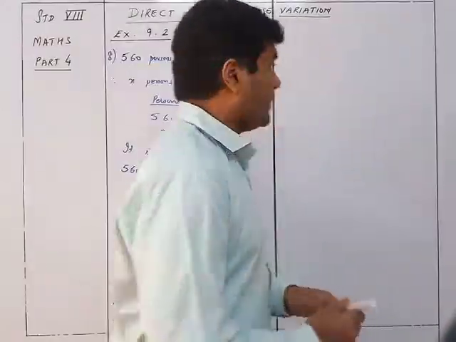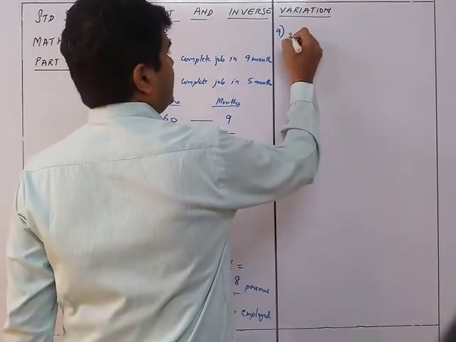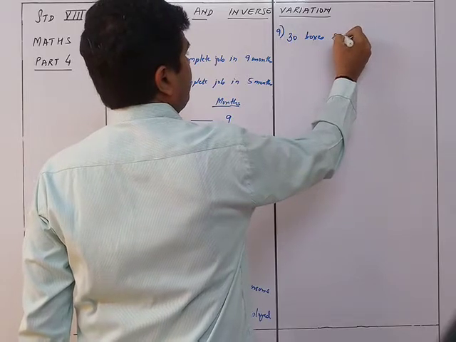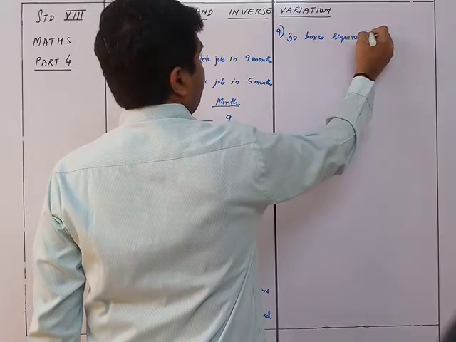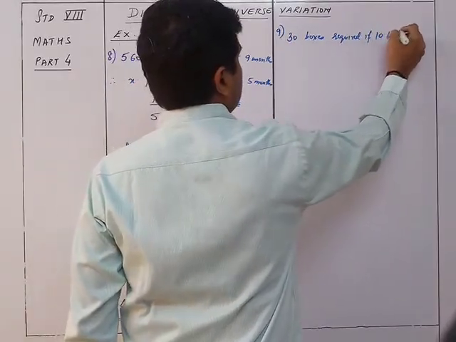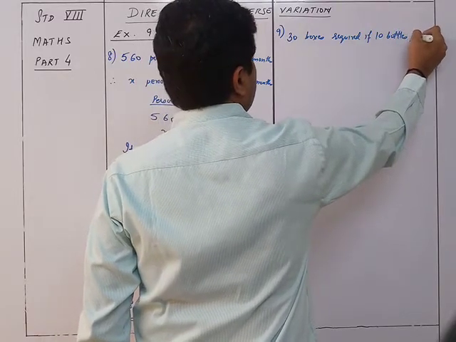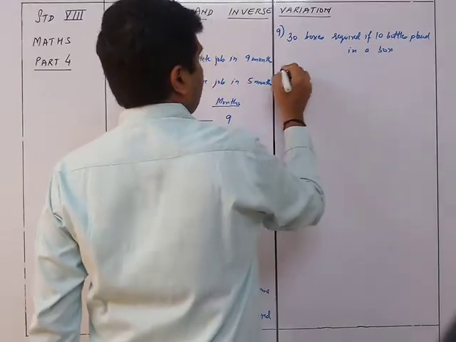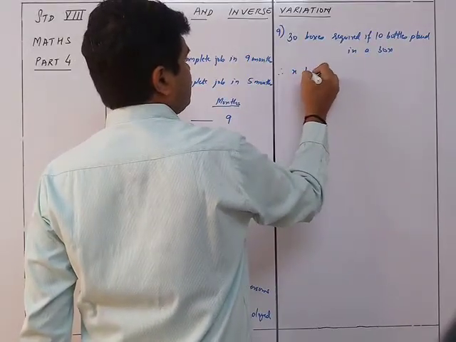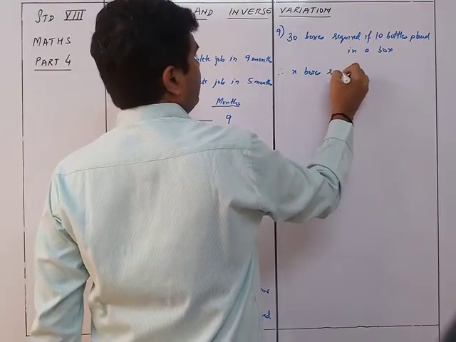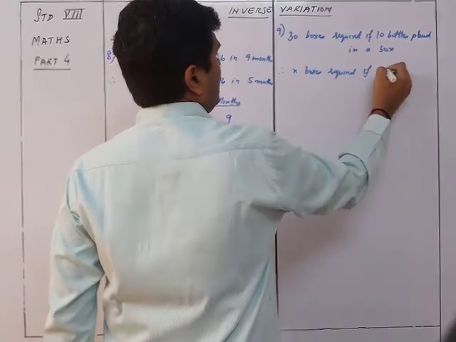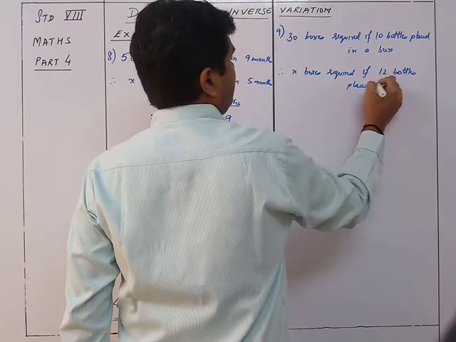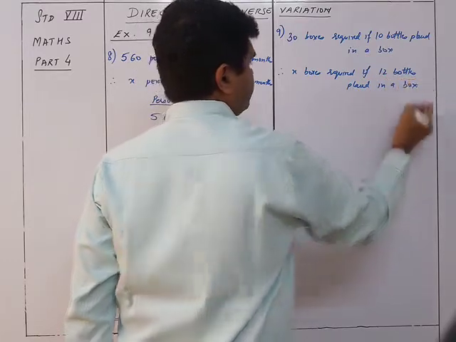So we can just write over here that 30 boxes required if 10 bottles placed in a box. Therefore, X boxes required if 12 bottles placed in a box.